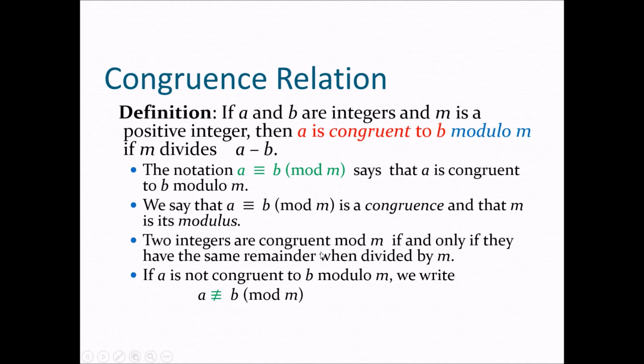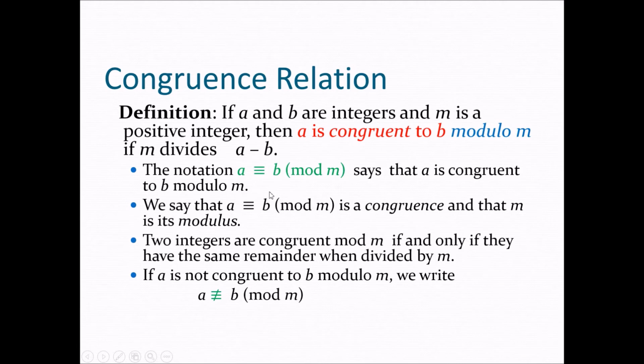Two integers are congruent mod m if and only if they have the same remainder when divided by m. It makes sense because m divides a minus b means that when we divide a minus b by m, the remainder is 0.